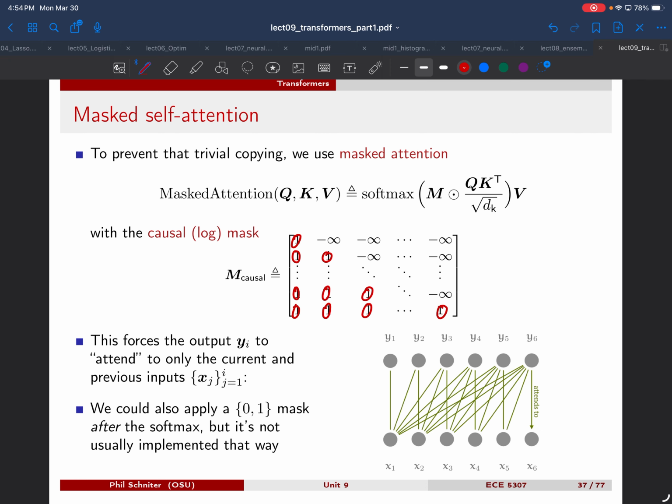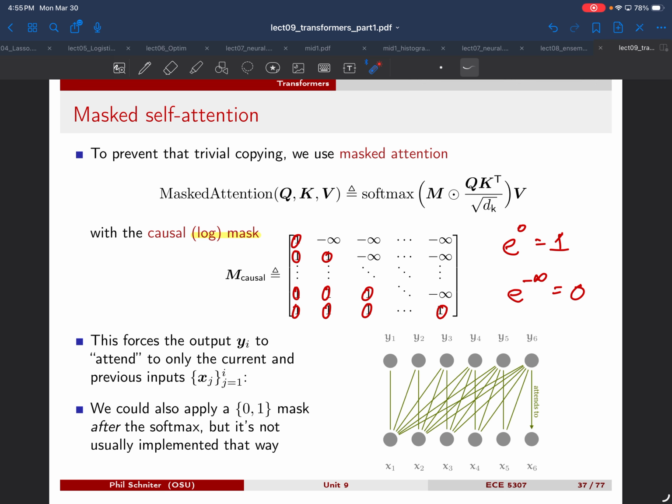Okay. They call this the mask matrix, but actually it's really a log mask matrix. The exponential of 0 gives you 1, and the exponential of minus infinity gives you 0. Right, e to the 0 is 1, e to the minus infinity is 0.